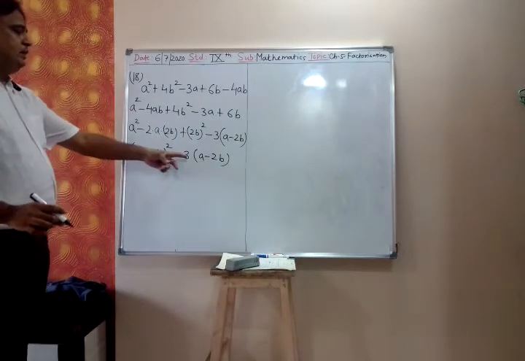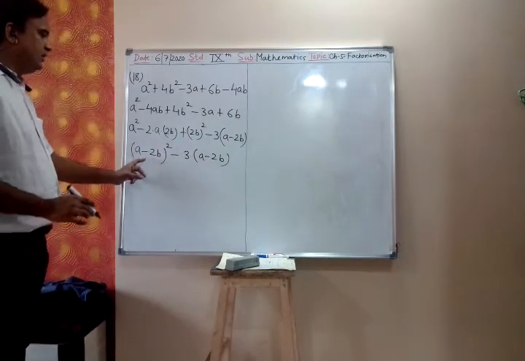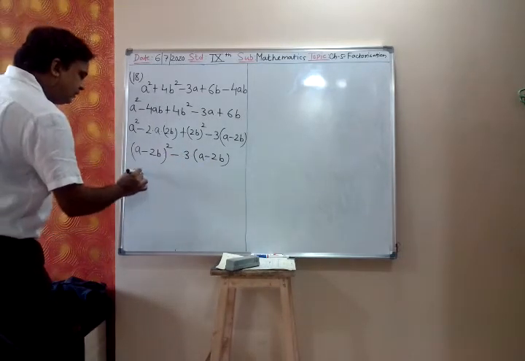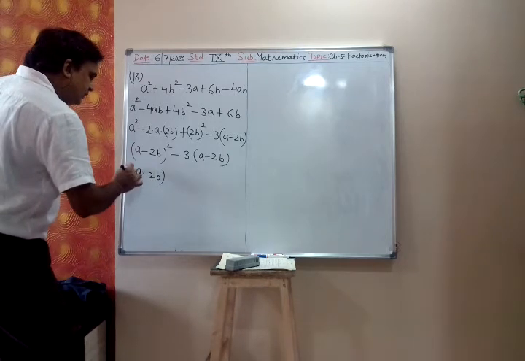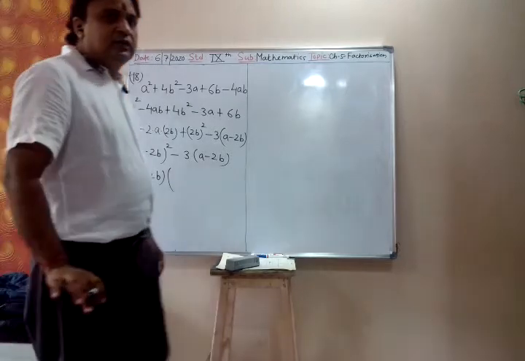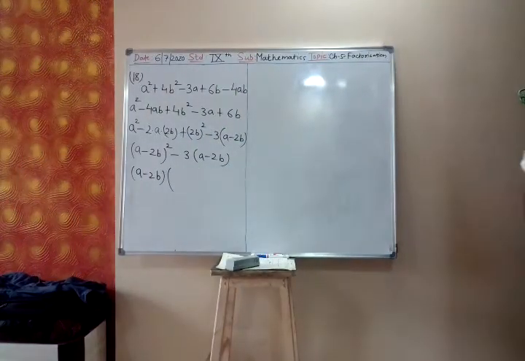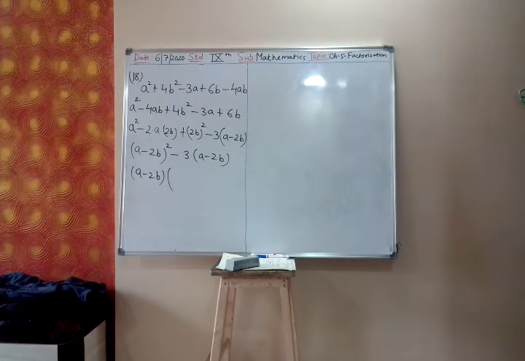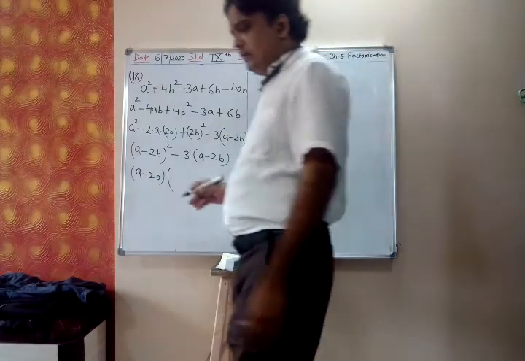Now a minus 2b is common factor, that I will take common, a minus 2b, and then what is left? Now board is not clear?